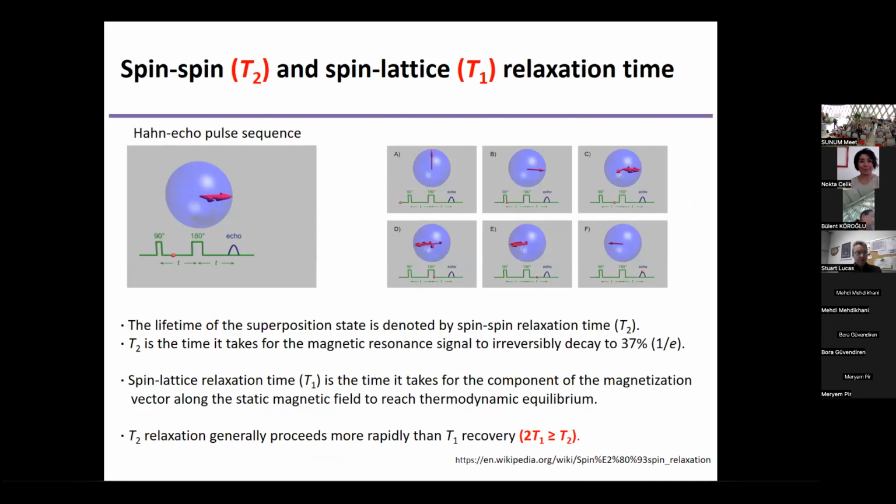This big disadvantage. This is the definition of spin relaxation time T2 and spin-lattice relaxation time T1. Everyone knows this definition. The most important thing is that T1 is larger than T2. This is a very important critical condition.